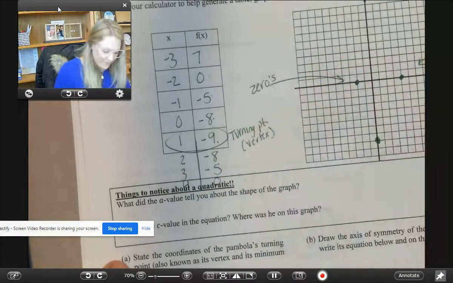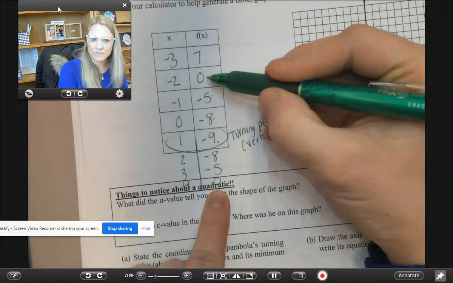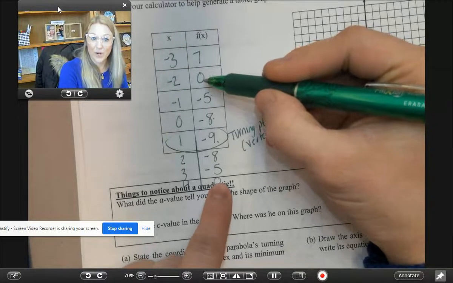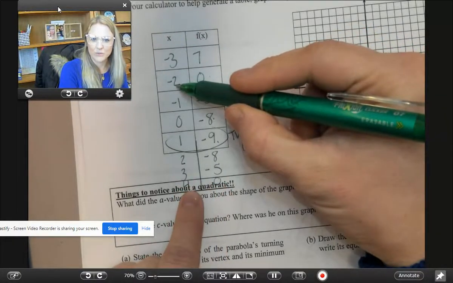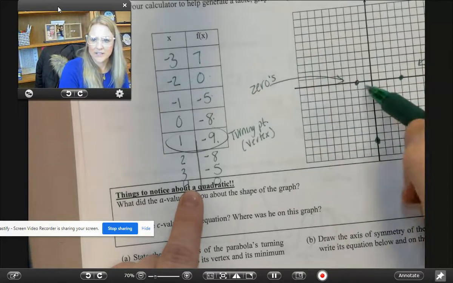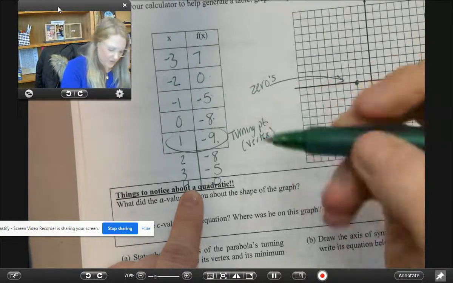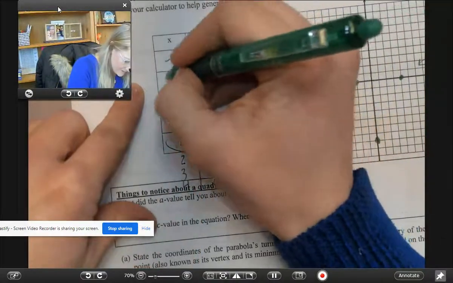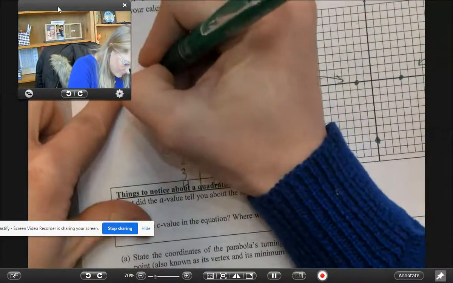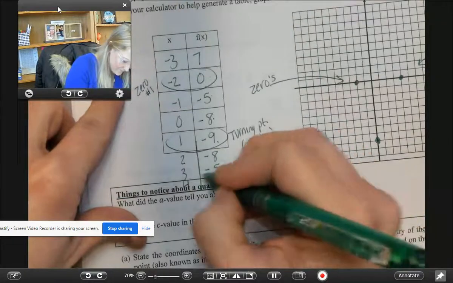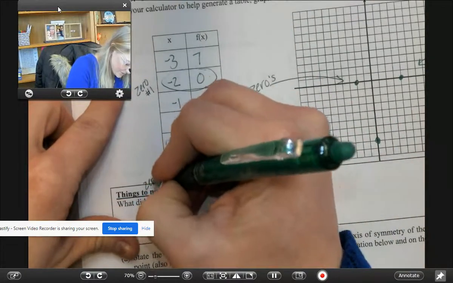Okay? And then do you see those zeros? You see those zeros, right? That -2 and 4, that's those two places. Those are your zeros. It's where your y is 0. So this is one of your zeros. Zero number 1. And then there's zero number 2.